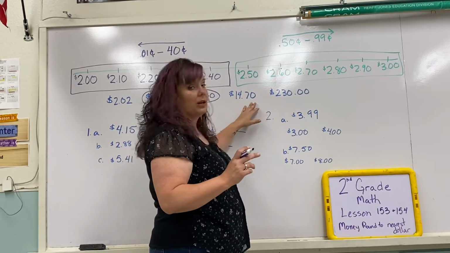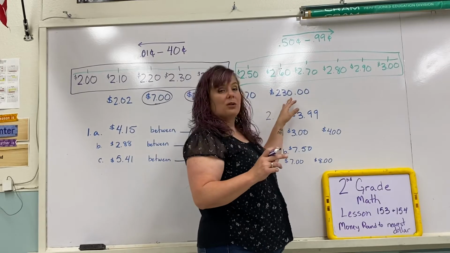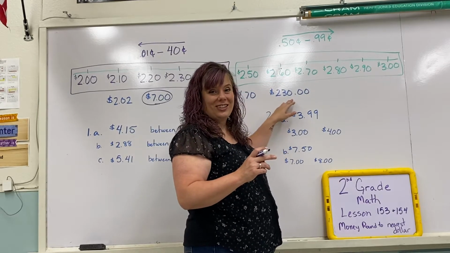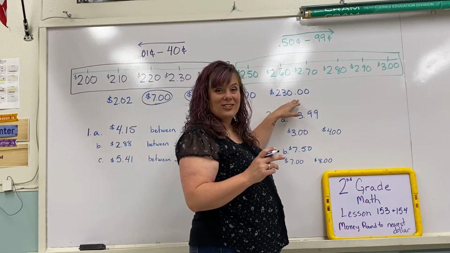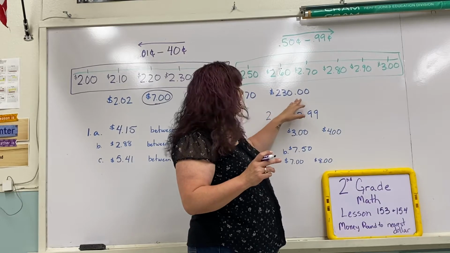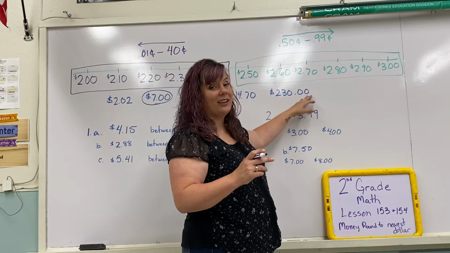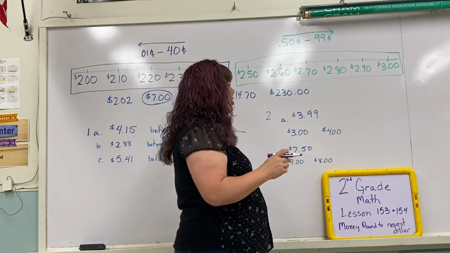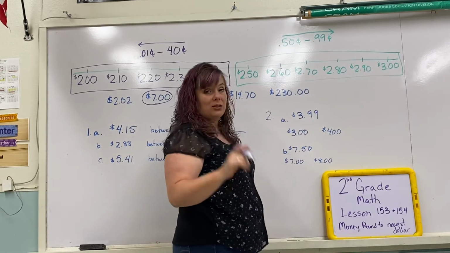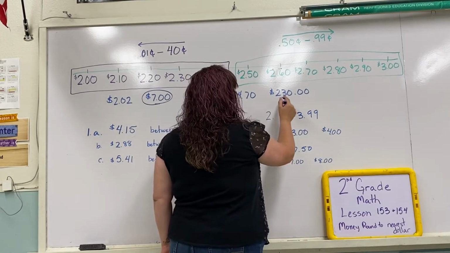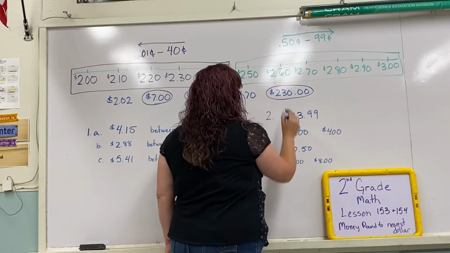No, it's not, so we're not going to fill in that one. Okay, what about $230? Is it rounded to the nearest dollar? Are there any cents? Nope, no cents. No cents means that it's rounded to the nearest dollar, so we're going to circle this one.